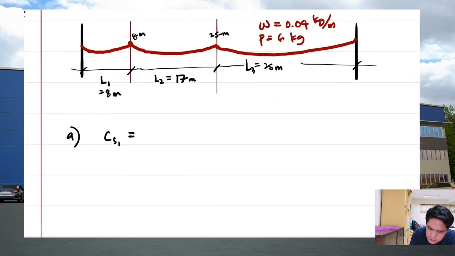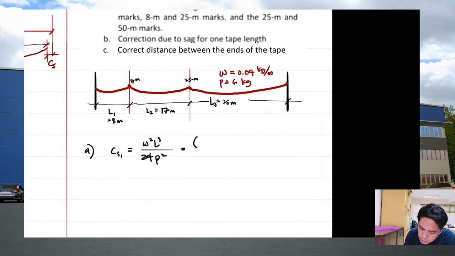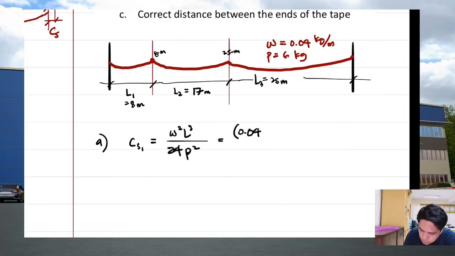So we know that CS is equal to omega squared L cubed divided by 24P squared. So omega squared, that's 0.04 squared, consistent dapat yung mga unit natin, that's kilogram per meter, times length L1, which is 8 meters, take the cube of that, and divide it by 24 times P, which is 6 squared.